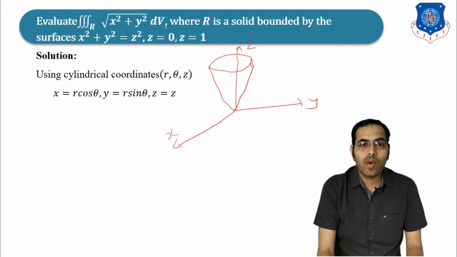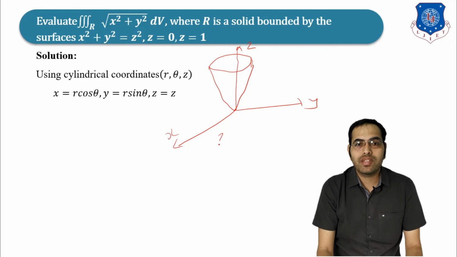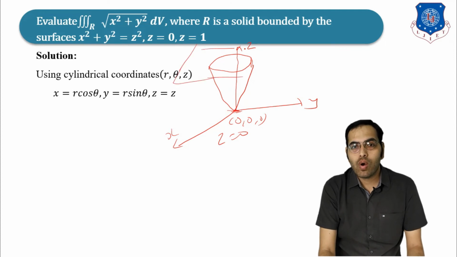Now here we have the equations of the planes: z equal to 0, meaning this one is our z equals 0 plane. At this position, the center is 0 0 0, and the cone is also cut by the z equals 1 plane, meaning this one is also the z equals 1 plane.